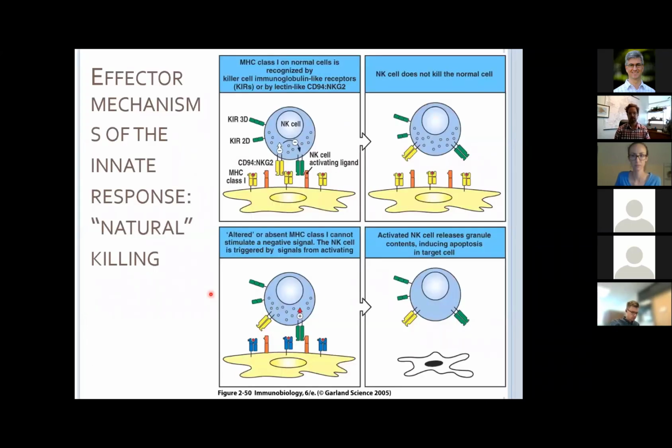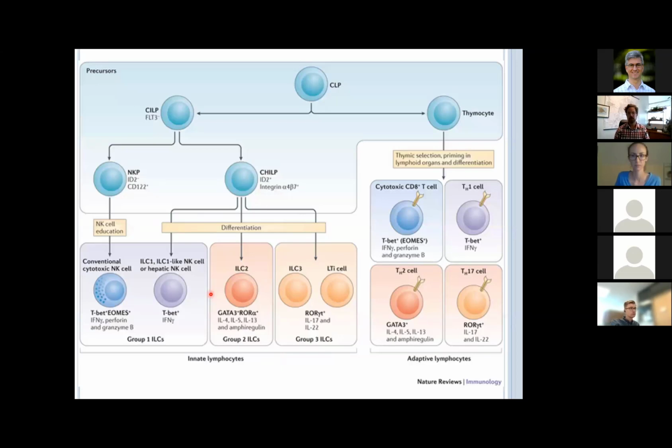Okay, I'm going to skip now to adaptive immunity, and to bridge into adaptive immunity, I just want to mention that another relatively recent discovery in the immune system is the concept of innate lymphocytes.